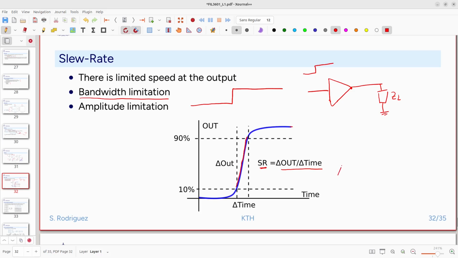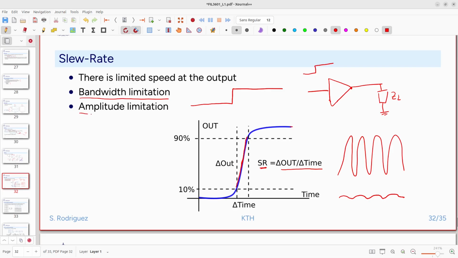Think about a sinusoidal signal that looks very, very quick. It will not be able to be processed by this output unless it is very, very small. If it is very small, at the same frequency, then it can be processed.